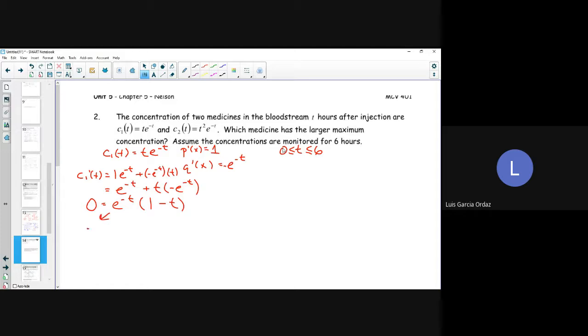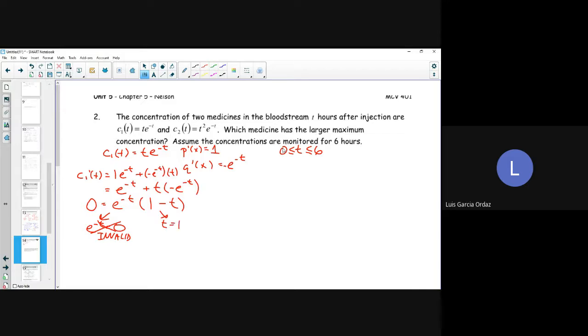I have e to the negative T is equal to 0. Is this ever true? Is e to the negative T equal to 0? Is that ever true? No. Again, invalid. Then I have T is equal to 1.